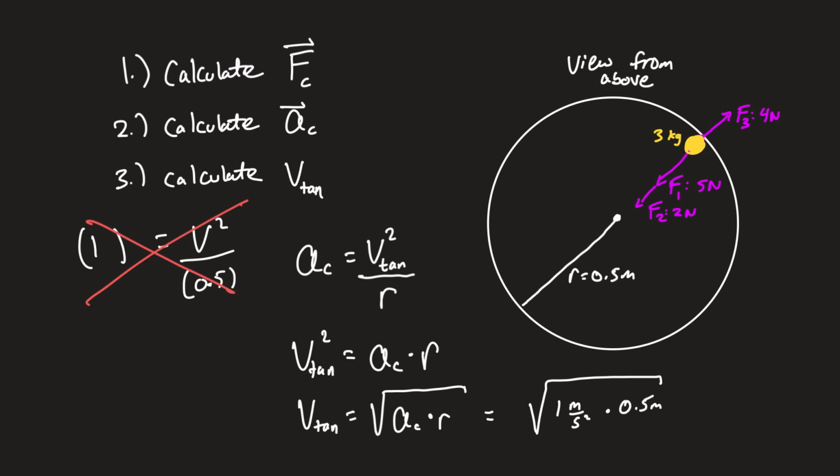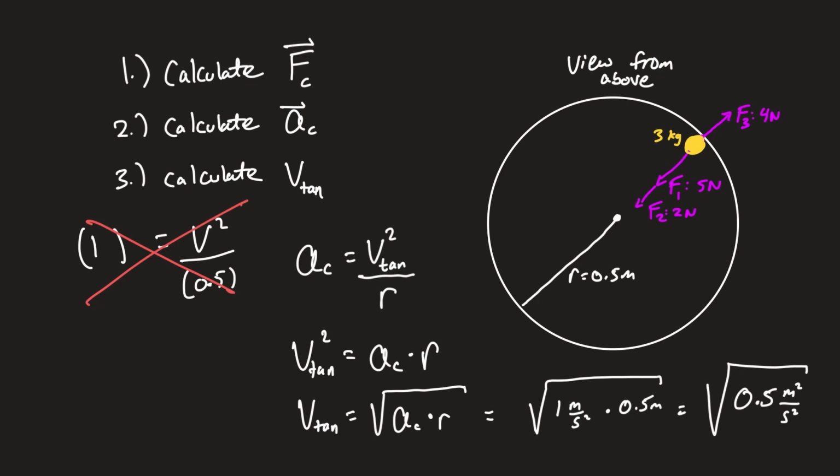Notice what happens when we actually plug in the units. We're going to get the square root of 1 times a half, which is 0.5, but the units are meters squared per second squared. Because we're very careful with all of this, we can see that when we take the square root of meters squared over seconds squared, we get the correct units for our answer.